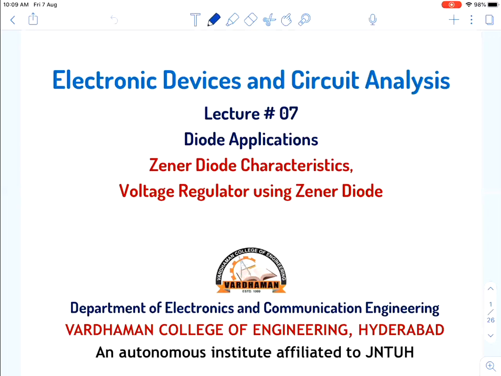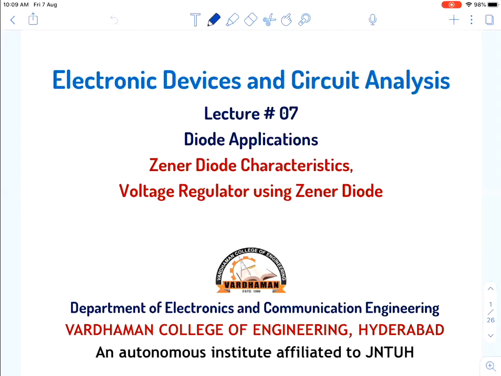And before going to the Zener diode characteristics, we will see the breakdown mechanisms. Actually, a PN junction diode has its operation in forward biased condition and reverse biased condition. And we have seen that in reverse biased condition, the reverse current is due to minority charge carriers.